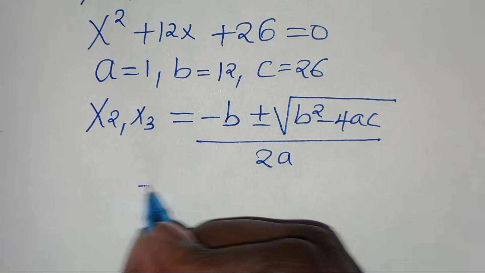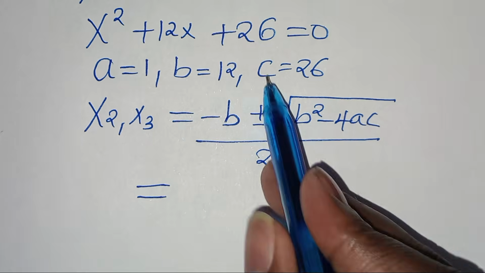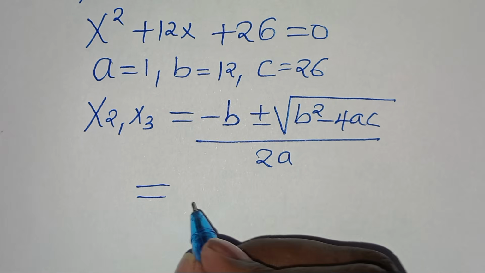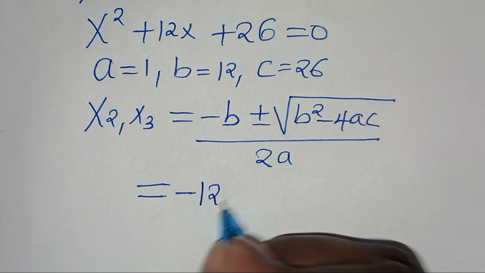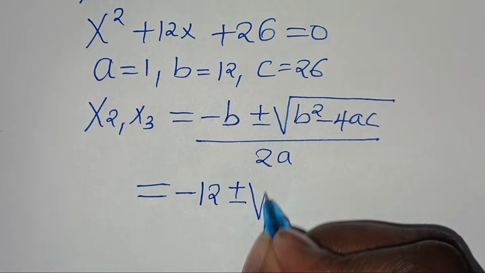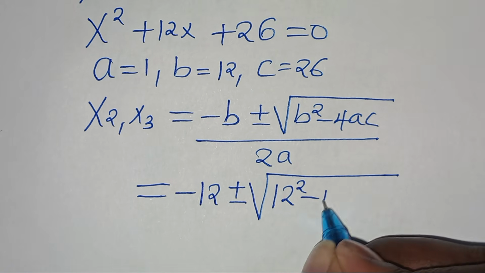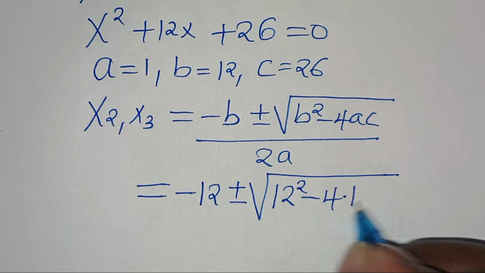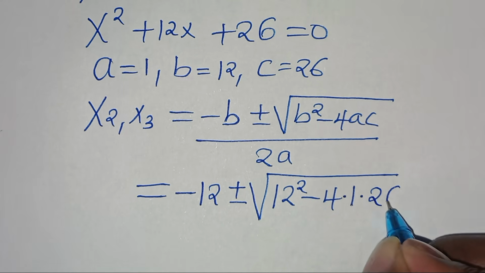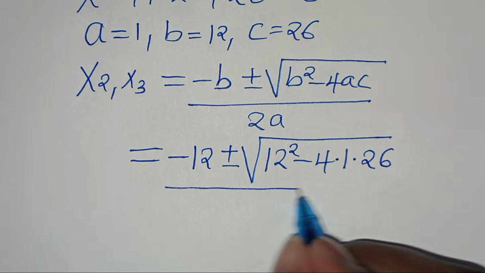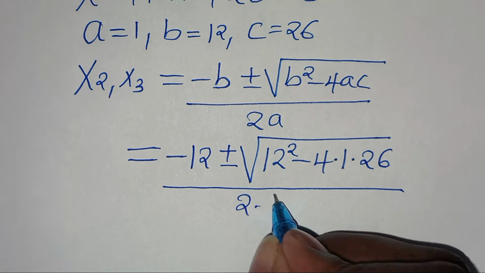So let's substitute the values of a, b, and c in this formula here. So this means we have minus 12 plus or minus the square root of 12 squared minus 4 times a, which is 1, then times c, which is 26. Everything here divided by 2 times 1.